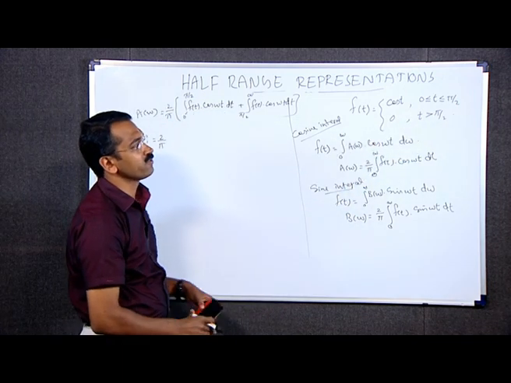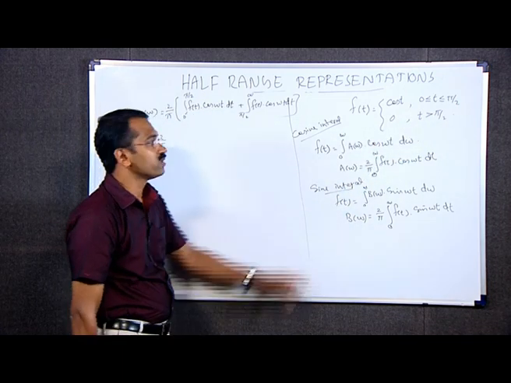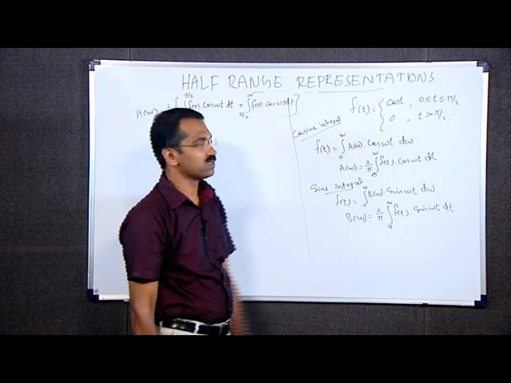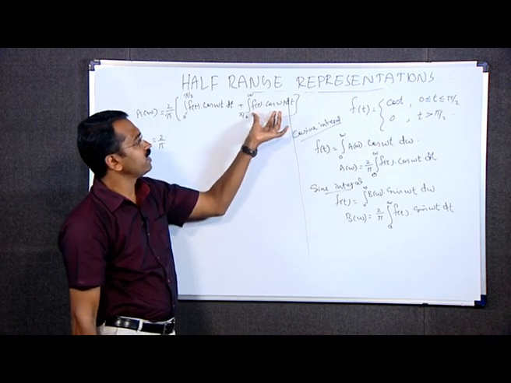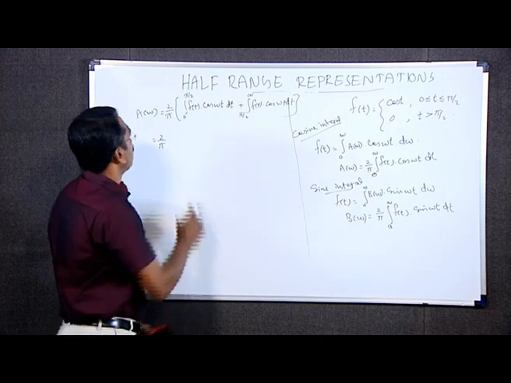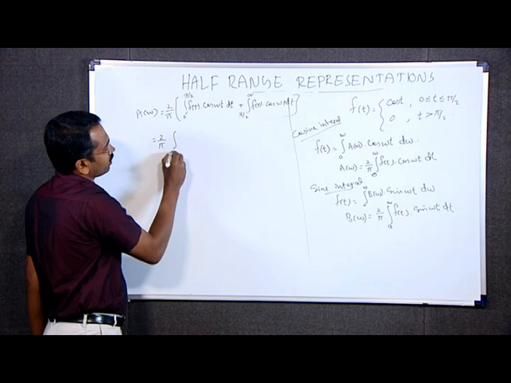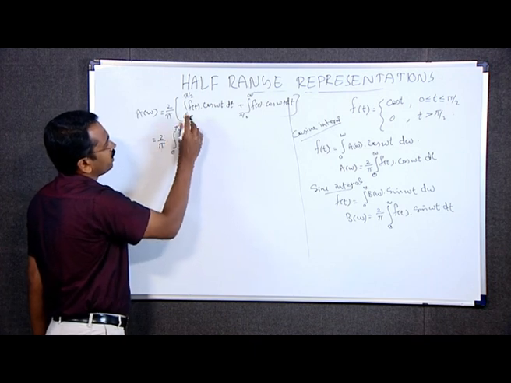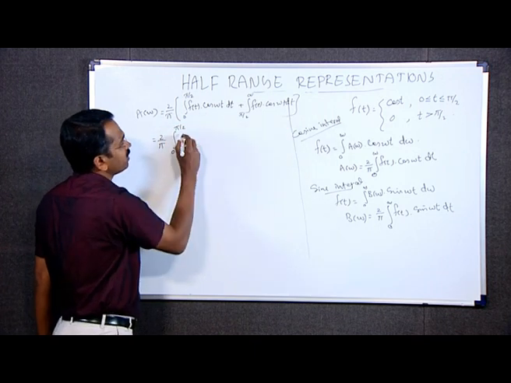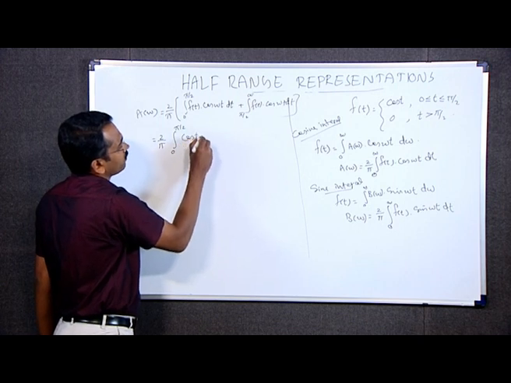Therefore, the second integral will become 0 and a omega is equal to 2 by pi into integral from 0 to pi by 2. In this case, the function is defined as cos t.